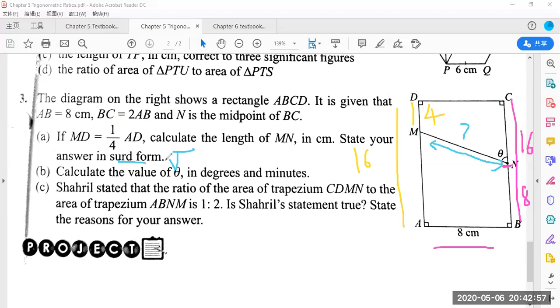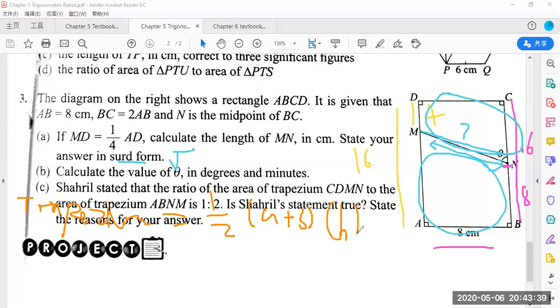For this one, you see the rectangle that's been cut like this, becoming two divisions, right? So remember the formula for the area of a division, it's half A plus B multiply H, right?